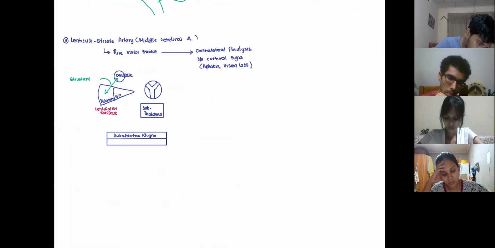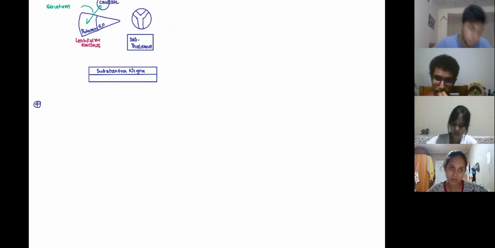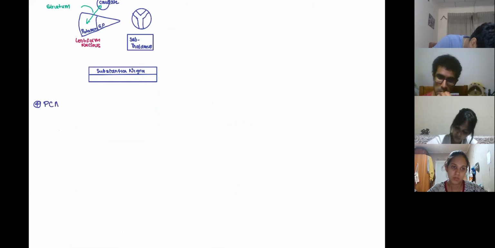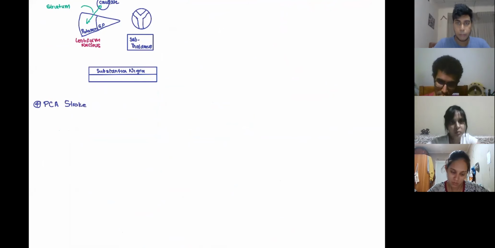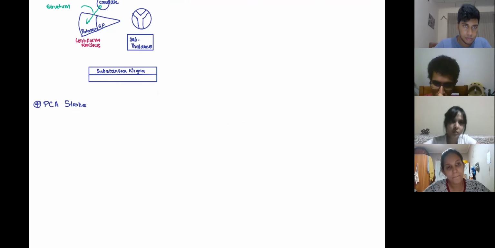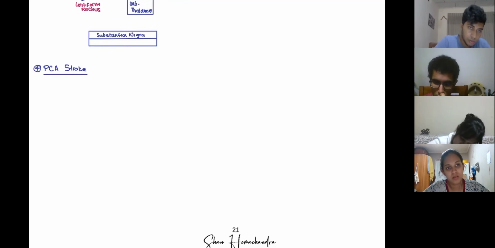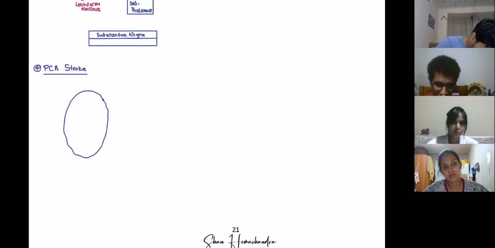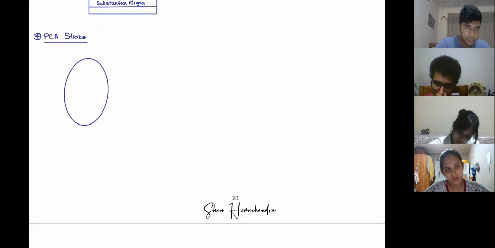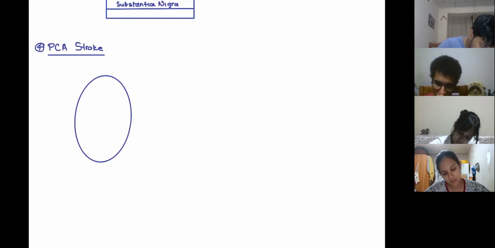The next one is the posterior cerebral artery strokes. Okay. Now, posterior cerebral artery strokes, if you have learned this in your universities, perfect.